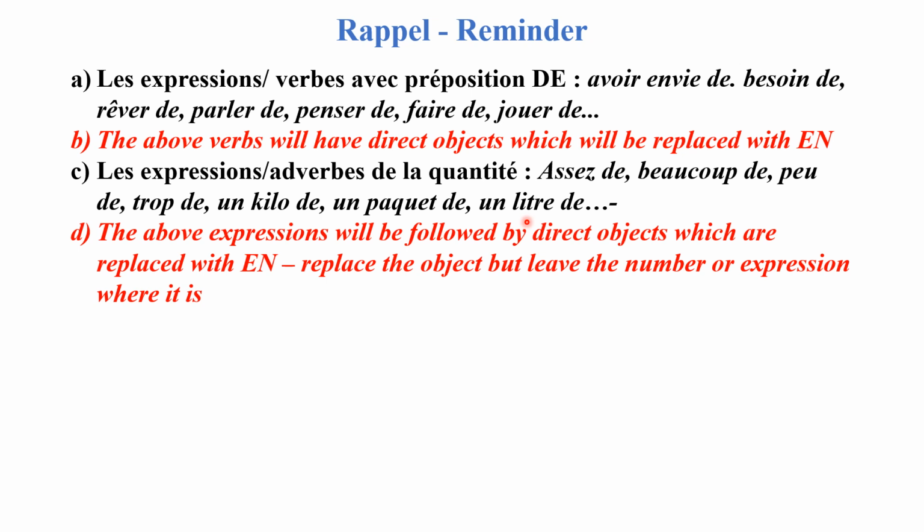Alright, so that's what I've explained in the red font. Replace the object, shift en to before the verb. If it's a double verb, it comes in between, but leave the number or the expression wherever it is.